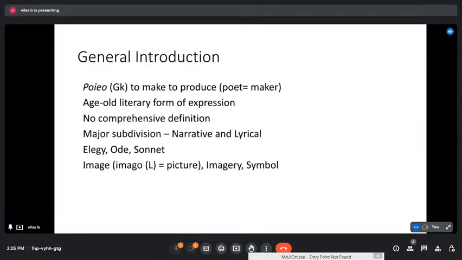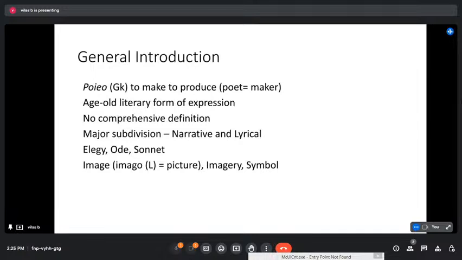Suppose we say epic, but later on we find the mock epic, the form and style which is the classical one, but it is used to mock somebody else or to satirize somebody else or the event or situation, etc. Elegy, of course, is a lyrical poem.